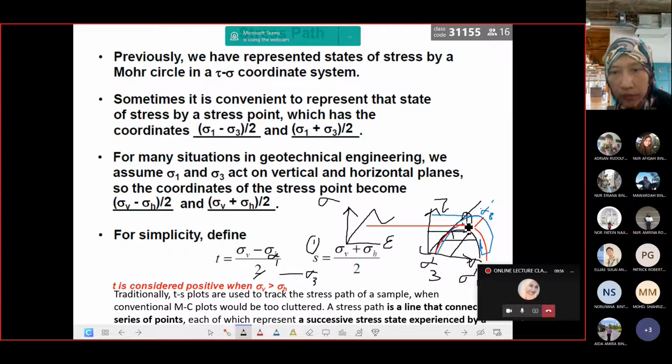Then if you have a different axial stress value for sample 2 and then increasing the axial stress in sample 3, for example here the red, blue and red colors.